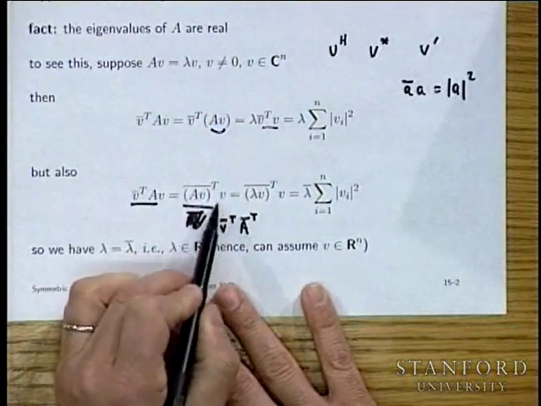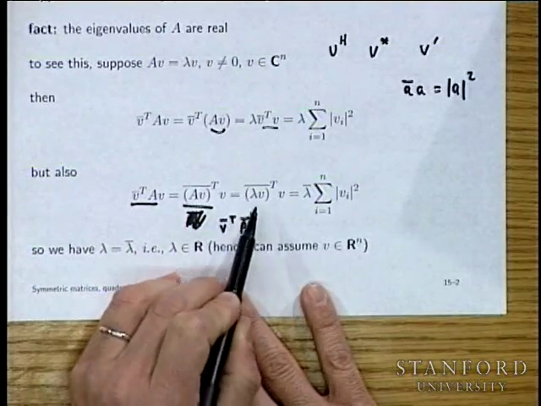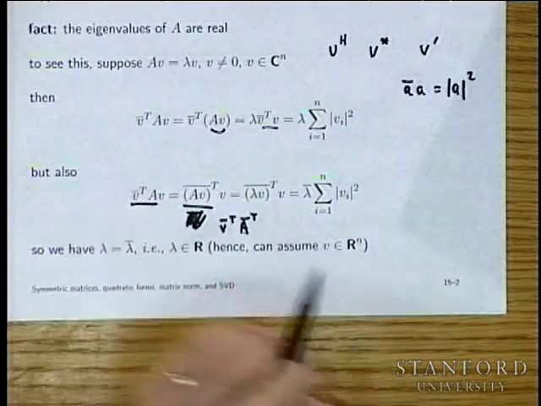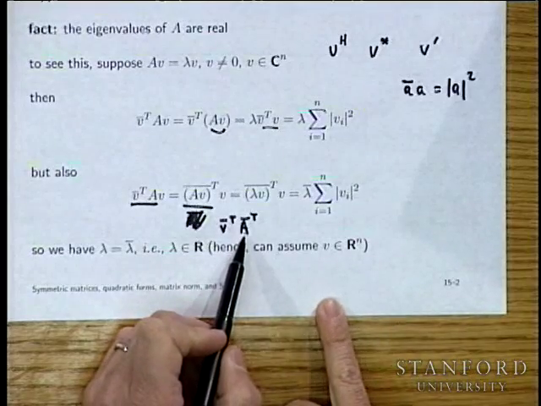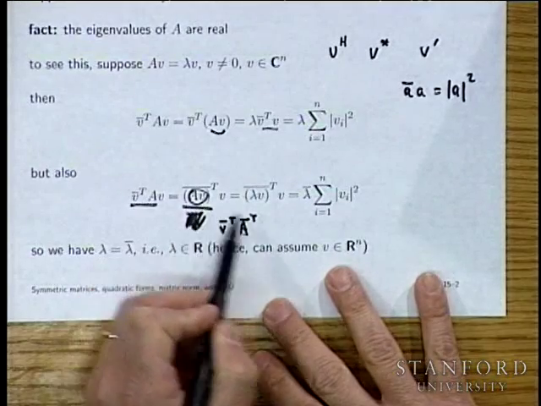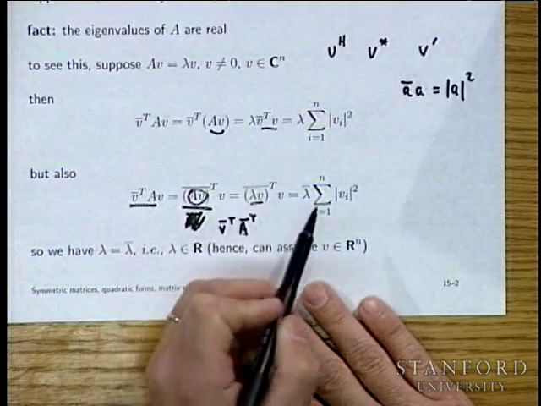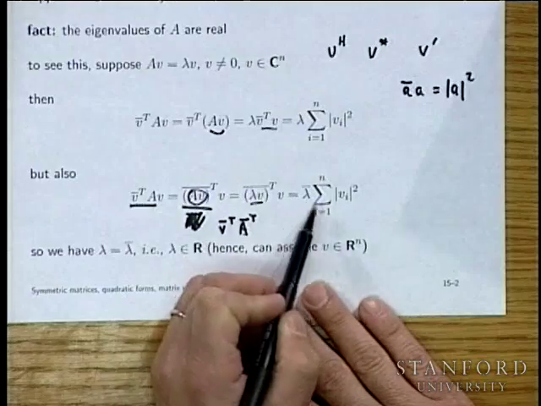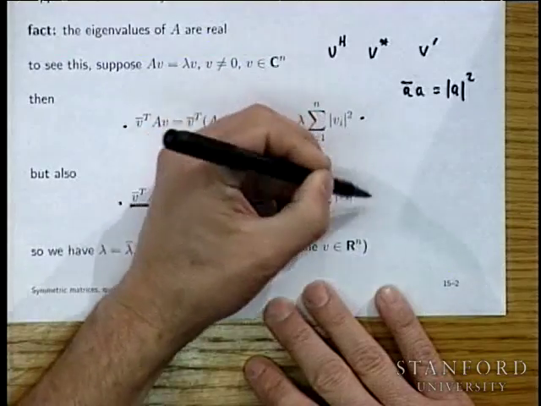A conjugate transpose is A transpose because I'm assuming A is real. So I get that. And Av is λv. I plug that in here, but there's still the conjugate out top, and that comes out as λ bar times this. Now, these two are equal, so that's equal to that.